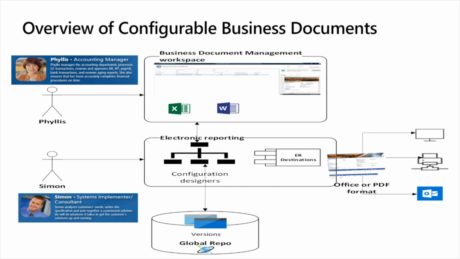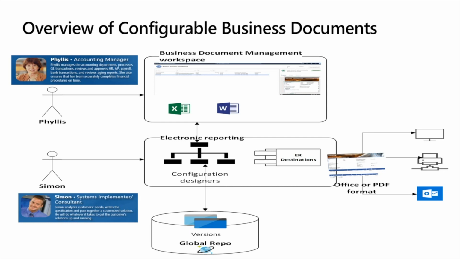And for this framework, we have a Simon persona, a system implementer or consultant who is capable of using ER and doing magic with it. And in case, for example, Phyllis needs some help, she can contact Simon, who can see immediately what she was doing, because all the documents which Phyllis is creating are also configurations in electronic reporting.